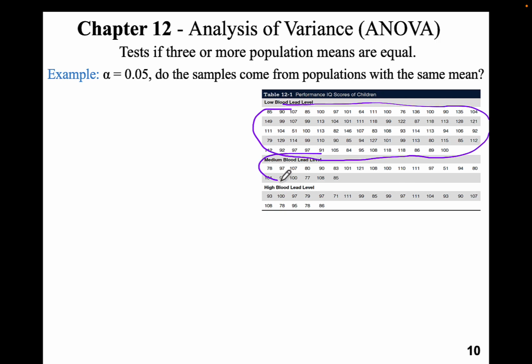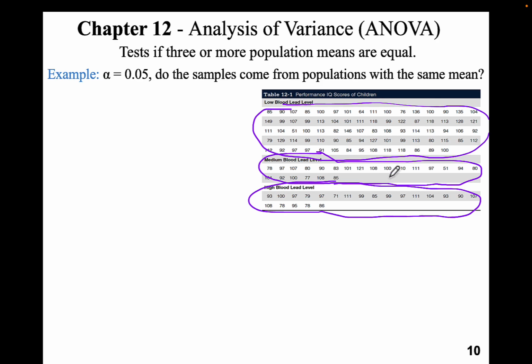Population 2, we've got some IQ scores for those children that had medium levels of lead in their blood. And then we have some IQ scores for those children that had higher levels of lead in their blood. And so what we're asked is, hey, is the average IQ score the same for all three populations?